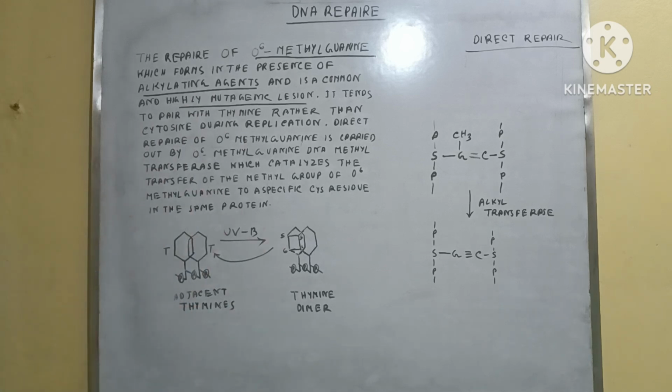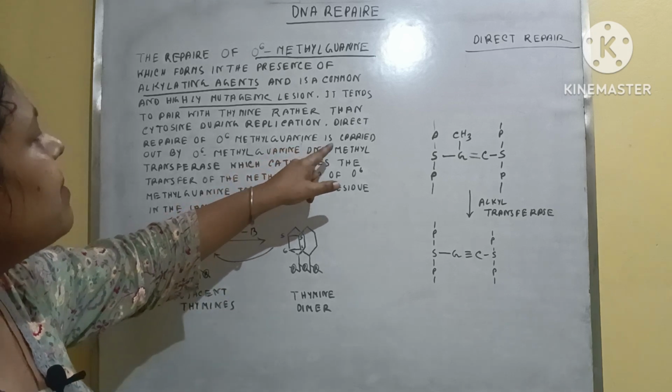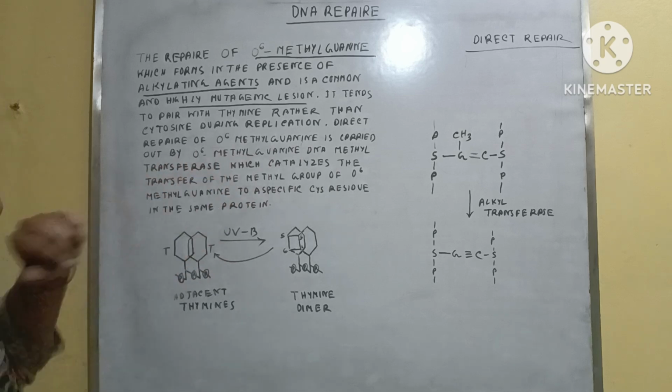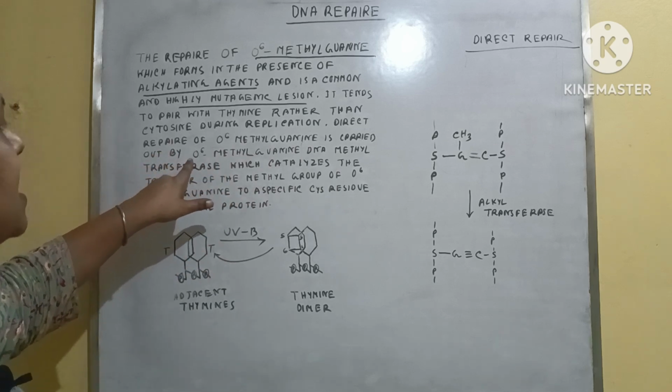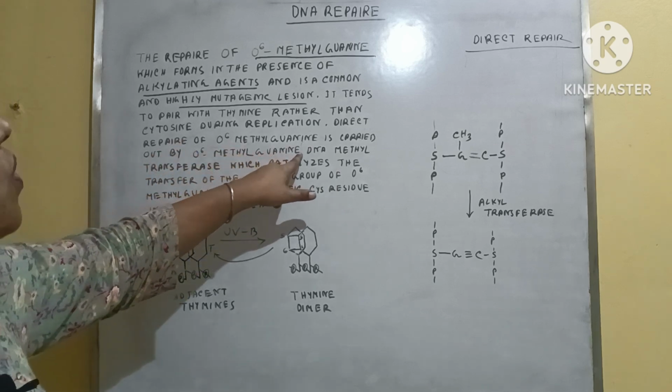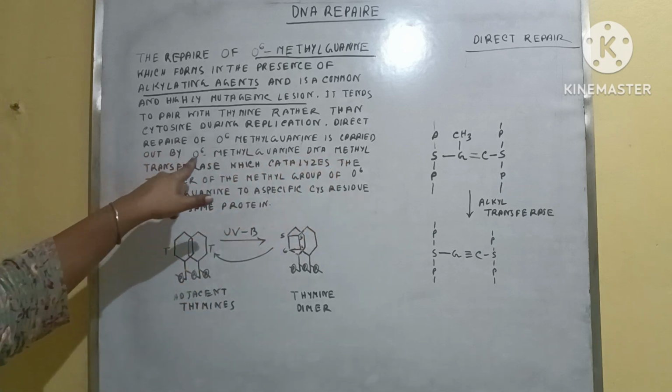than cytosine. This is totally repaired by the presence of the DNA methyltransferase enzyme, whose full form is O6-methylguanine DNA methyltransferase.